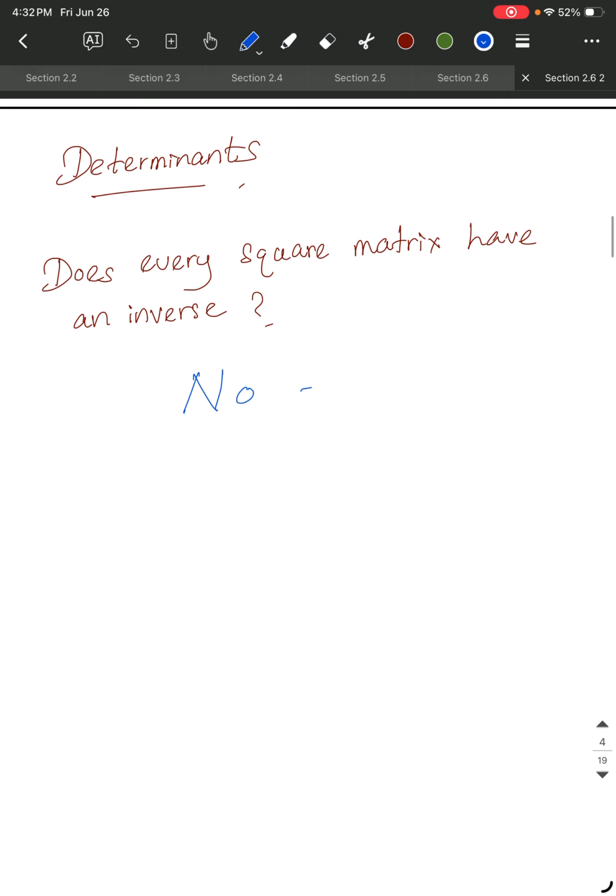To determine whether an inverse exists, we first compute the determinant of the matrix.